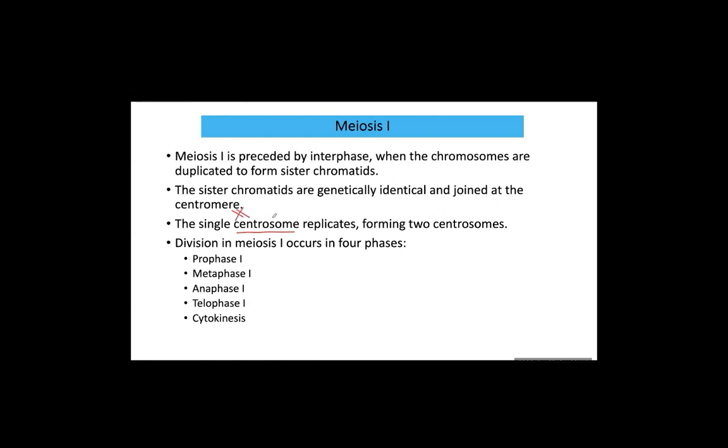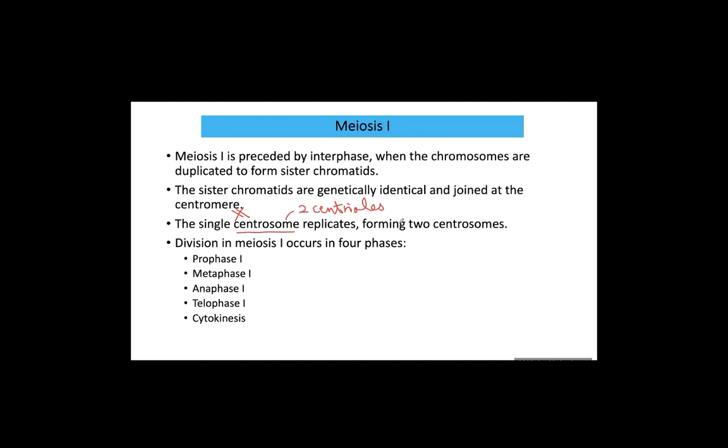The centrosome has 2 centrioles. These 2 centrioles form, and then they migrate to each pole.